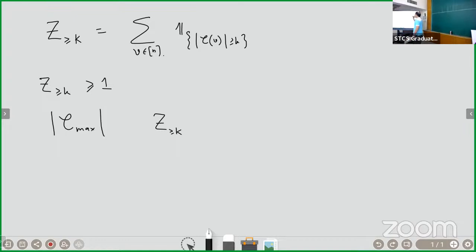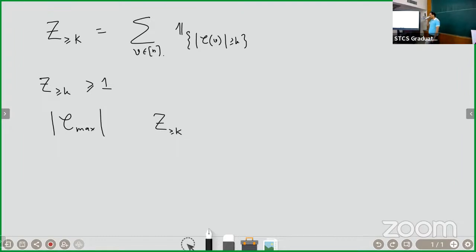So that one observation that Z_k is in fact non-increasing tells you something about this. If we increase k and Z_k does not change, it means it is equal to C max. But for a certain number, something is happening. Then what does it mean?